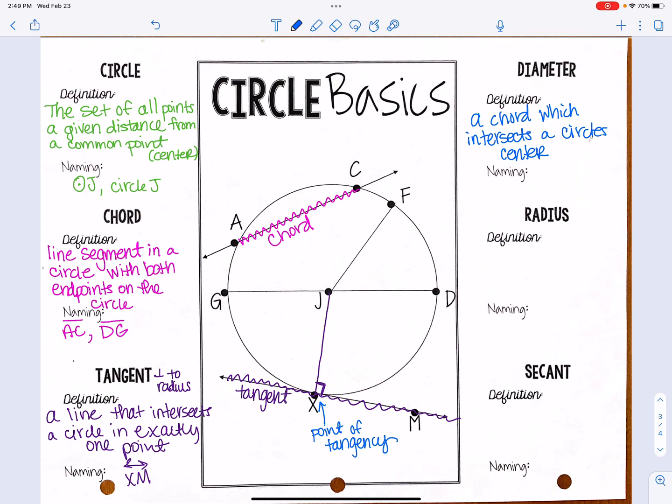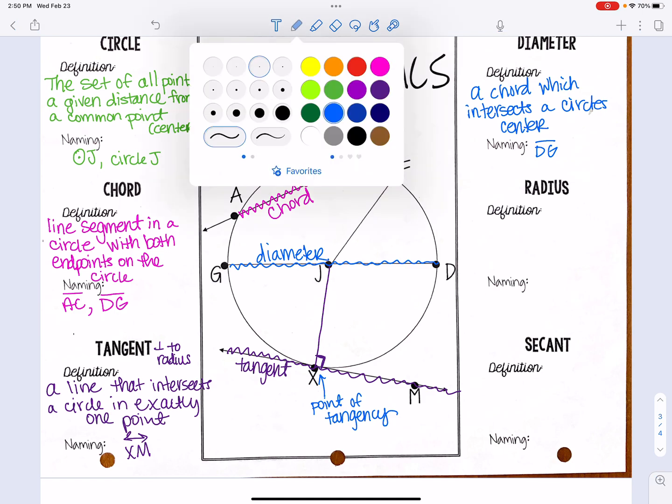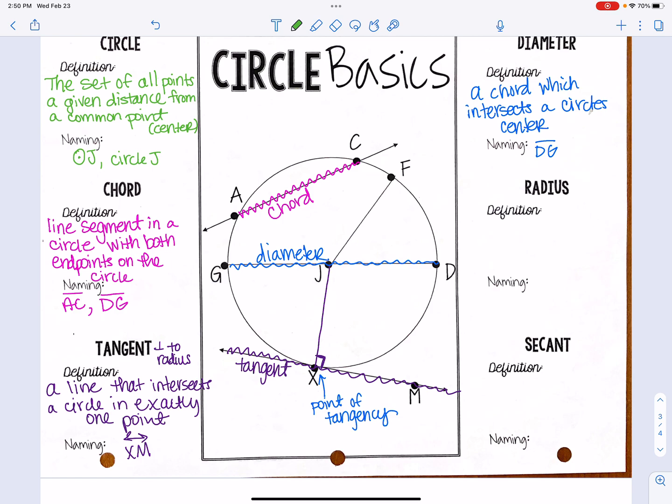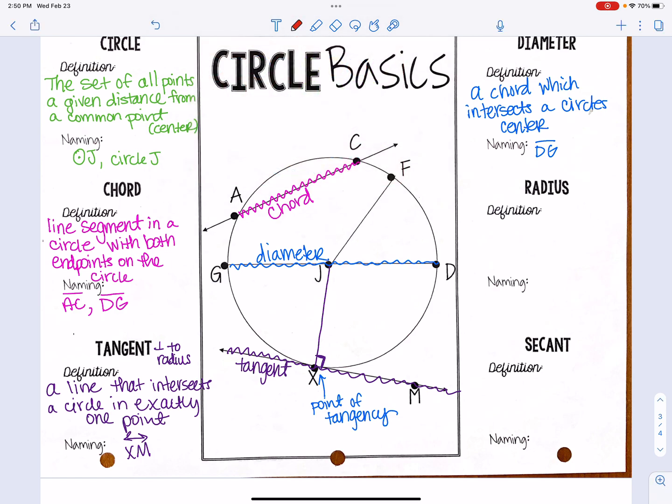So your diameter is DG or GD here. And it is a line segment, so put line segment over it, not a line. And make yourself a note that this is the longest chord.